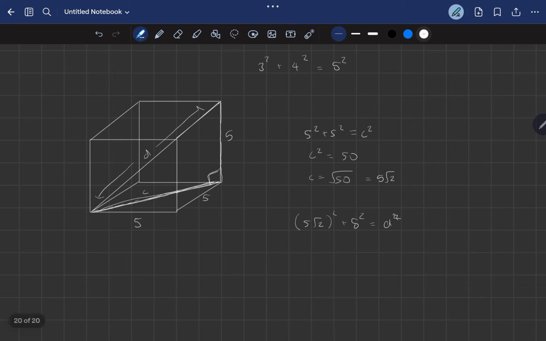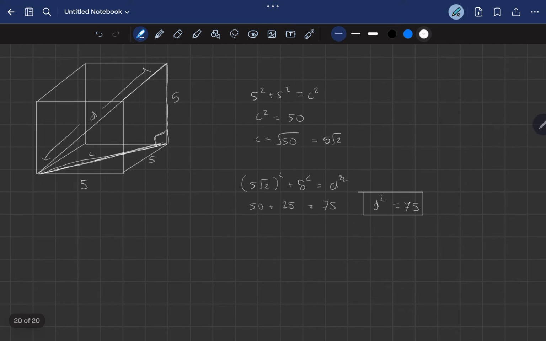This is 50 plus 25 is equal to 75. So d squared is equal to 75. Now we just square root both sides. d is equal to root 75. And this is the same as 5 root 3. Okay?